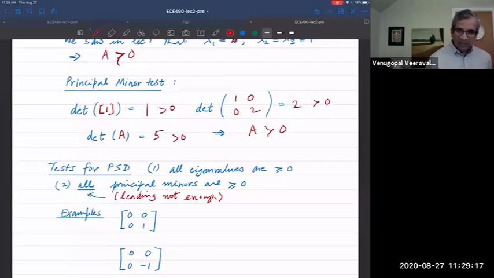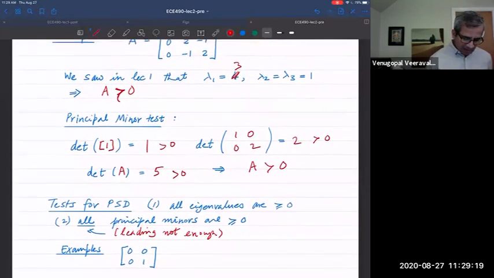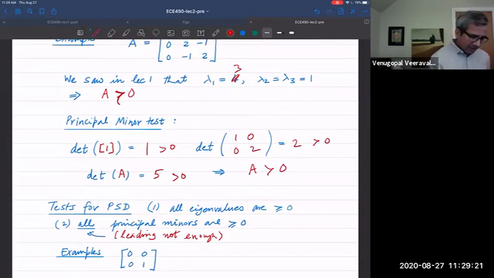The first example is a 2 by 2 matrix for which it's easy to show lambda 1 equal to 1, lambda 2 equals 0. So this is positive semi-definite, right? But you can also do the principal minor test.